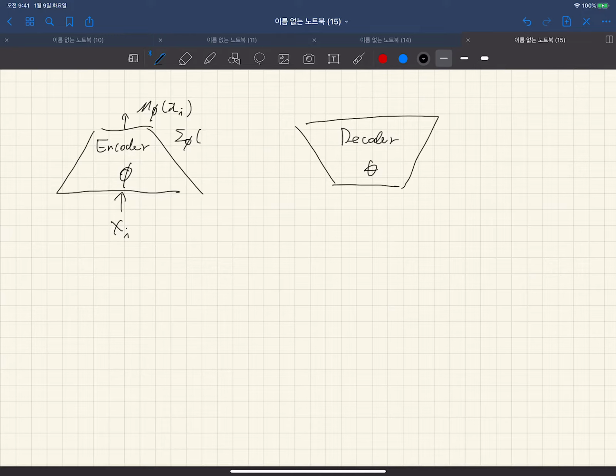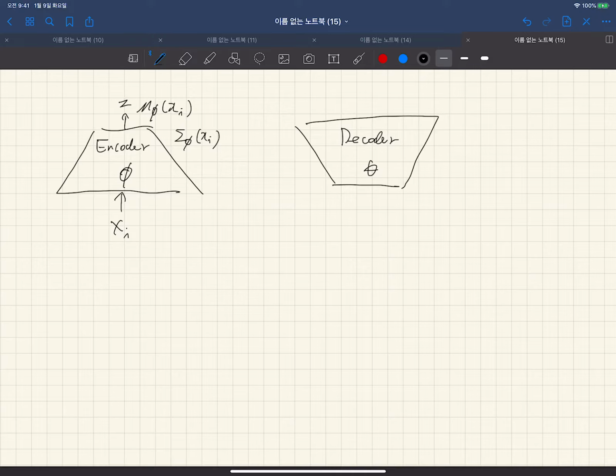Usually the covariance matrix is a diagonal matrix, so we ignore the correlation between two latent elements. So the encoder output is mu and sigma, and we assume that the latent variable z is not a deterministic vector, but a random vector that follows the mean mu phi xi and the covariance matrix sigma phi xi.